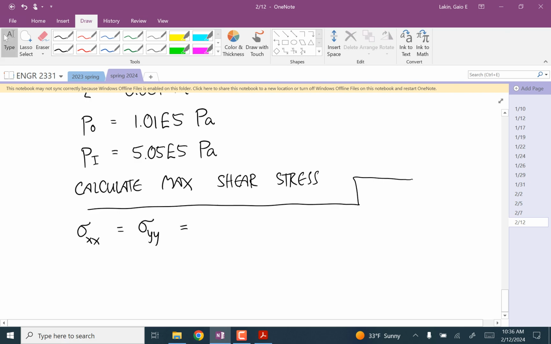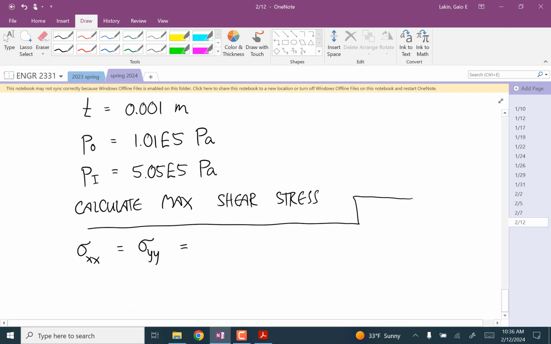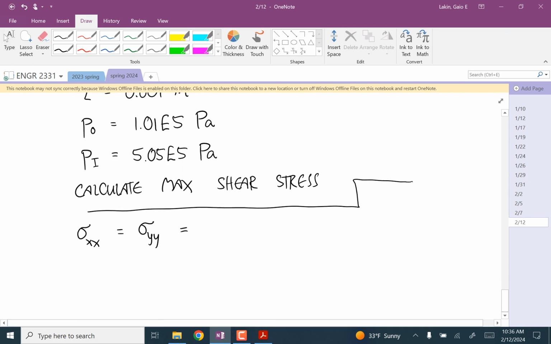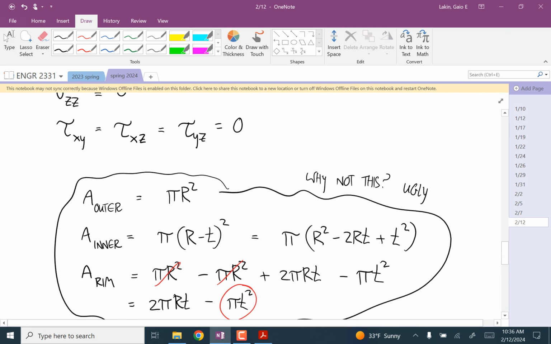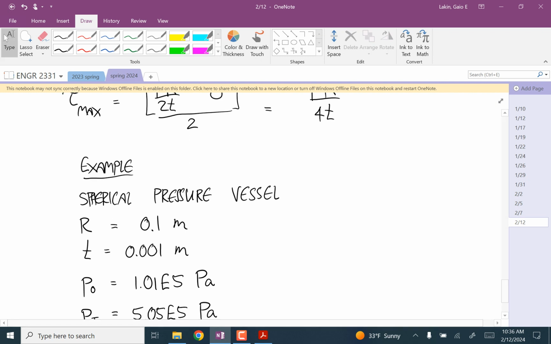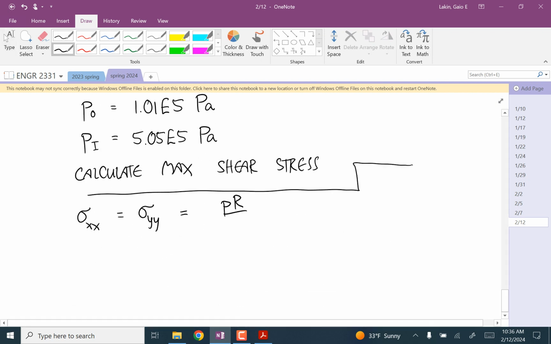The XX and YY stresses are P times radius over 2t. P is the inner minus the outer, so 4.04 times 10 to the 5 pascals.